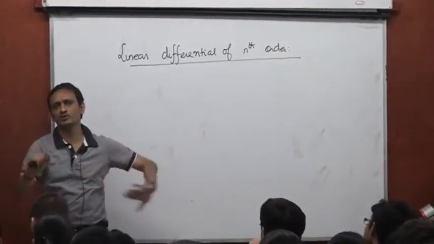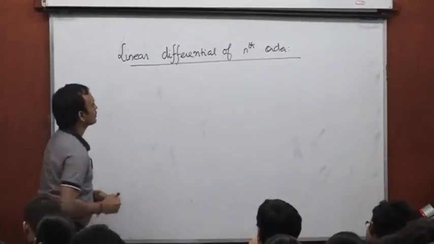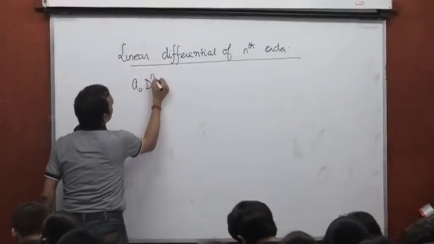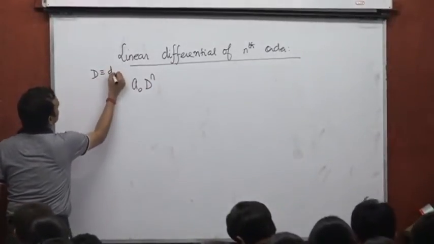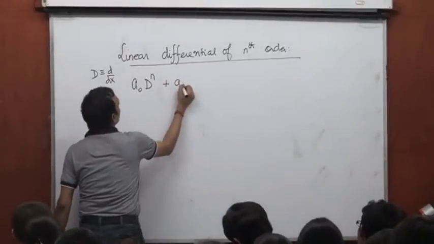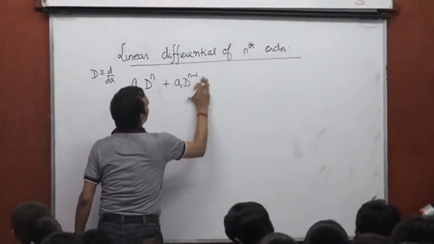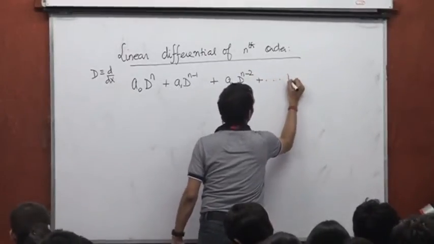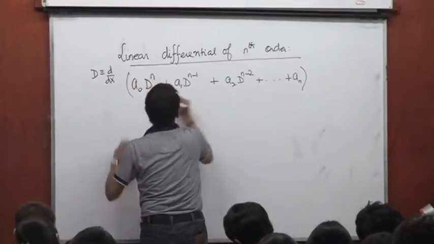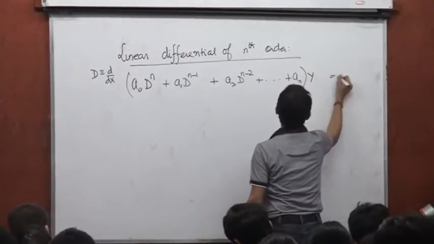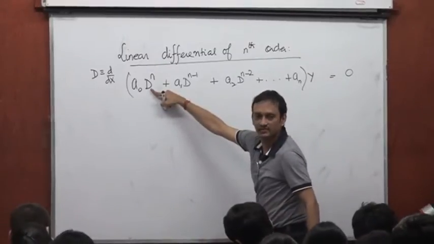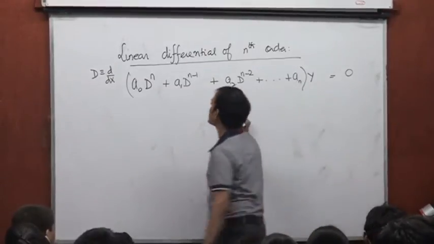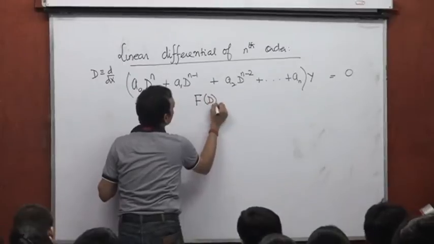All of you understand the algebra of these operators. a naught, where D is d/dx, a1, an, all of this is an operator, the f(D) operator acting on y equal to 0, where this is the nth derivative with respect to x, this is the n minus 1th derivative with respect to x, and so on and so forth. That is f(D) acting on y equal to 0.